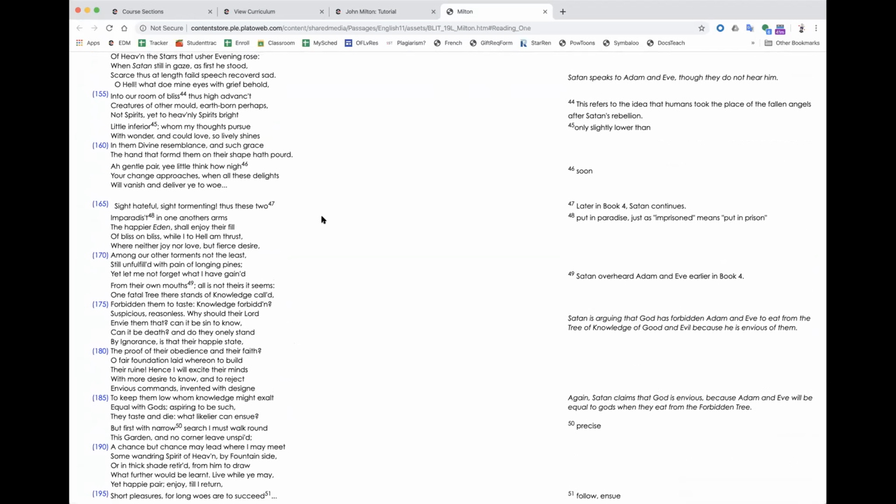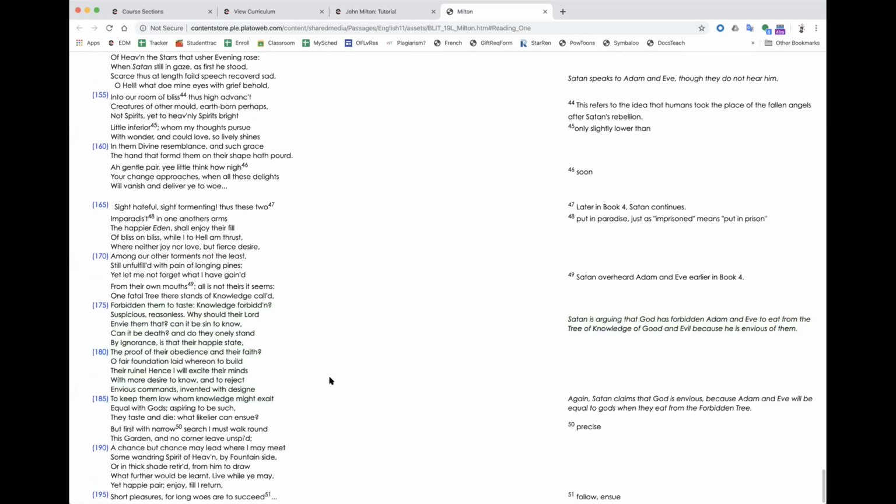After he's reflected for a little bit, right around here, this is where he is talking about his justification. This is just one of the examples that I found.